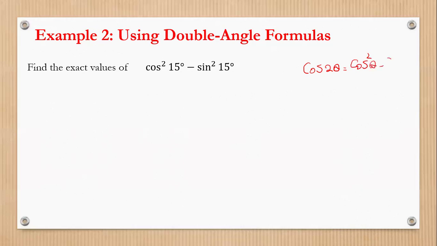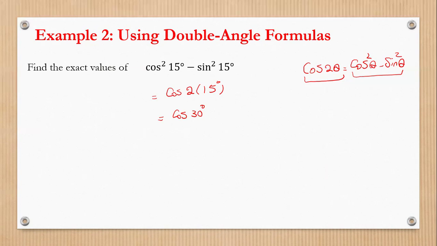So from now on, every time you see cosine squared minus sine squared of the same angle, remember that expression is equal to the cosine of the double angle, and the angle is 15 degrees. The double of 15 is 2 times 15, which is a 30 degree angle.